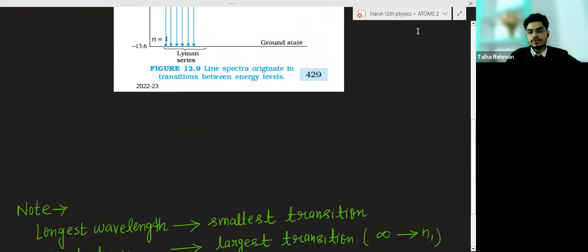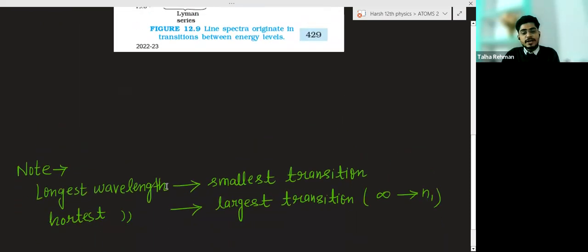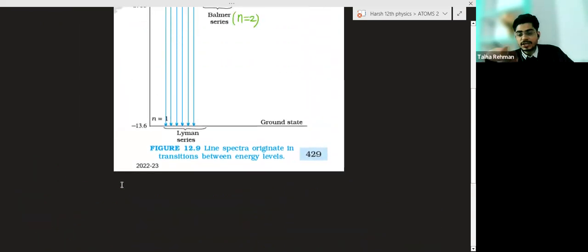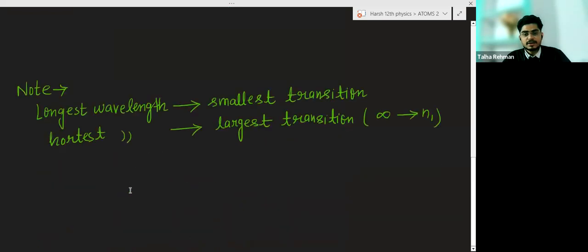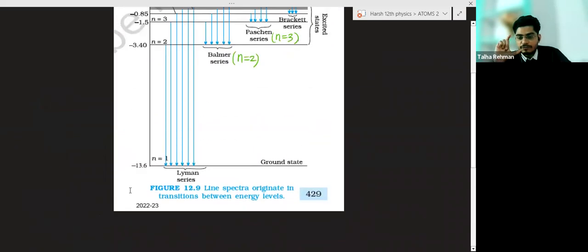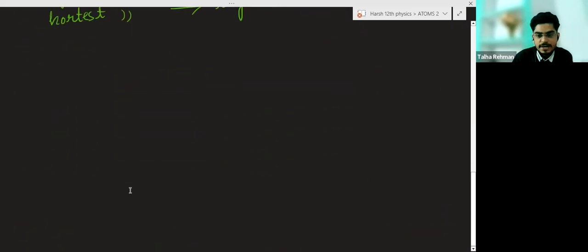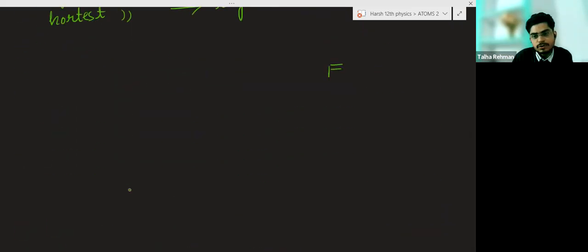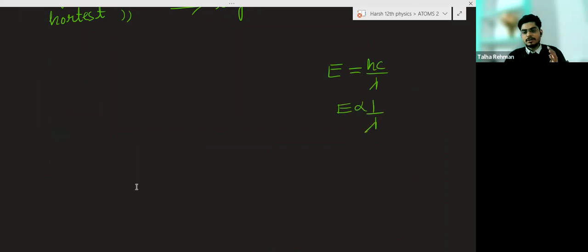Okay, now we can solve this question. Suppose they are asking for the longest wavelength of the transition. Energy of the photon is equal to hc by lambda, so the energy of the photon is inversely proportional to lambda.